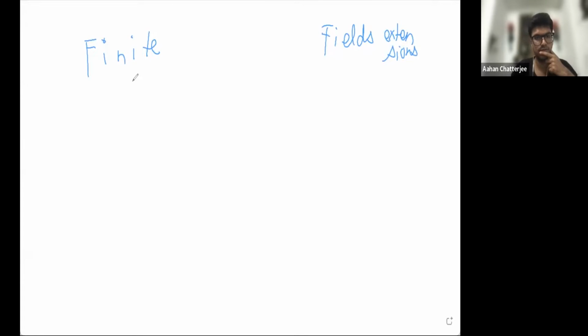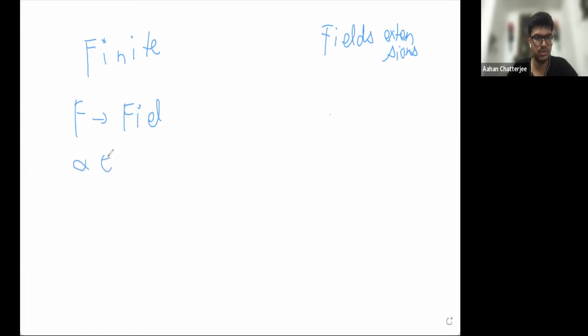So basically, suppose F is a field. Then let's define finite field extensions recursively.